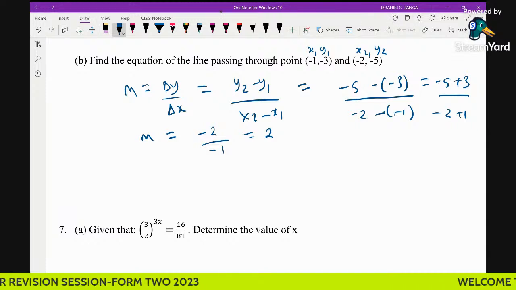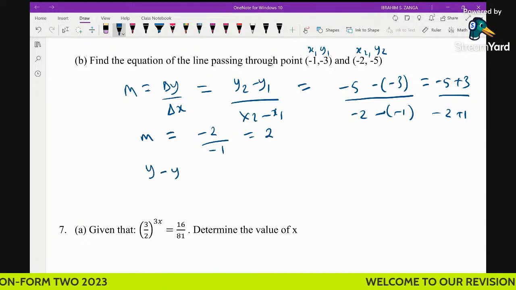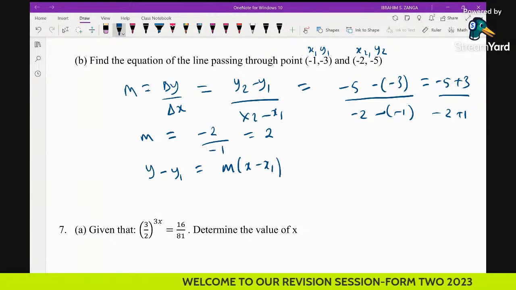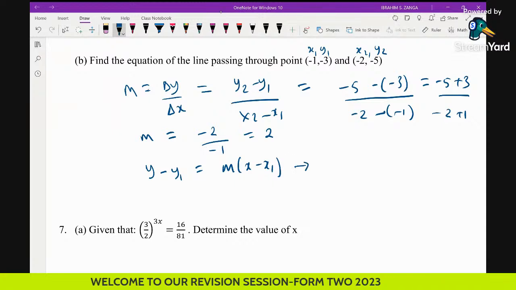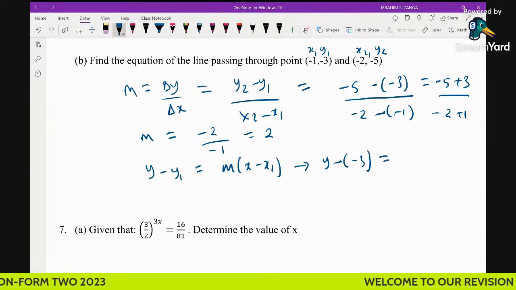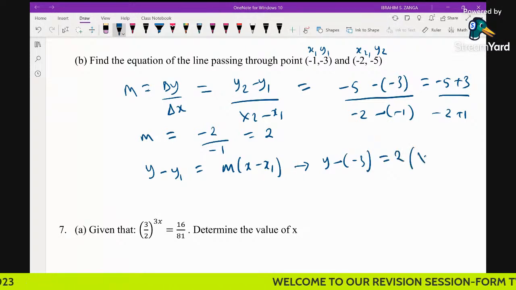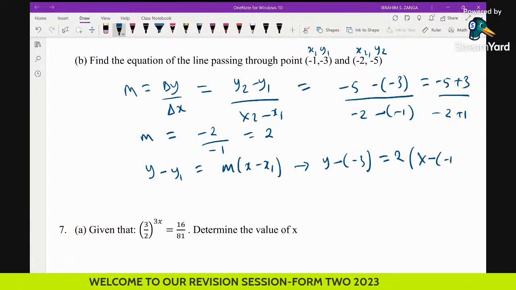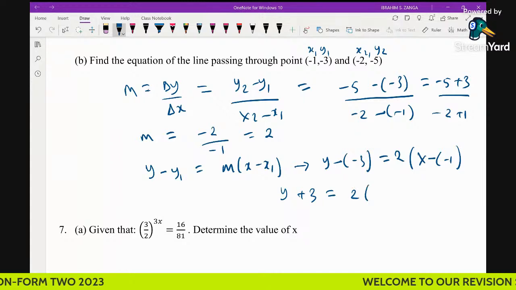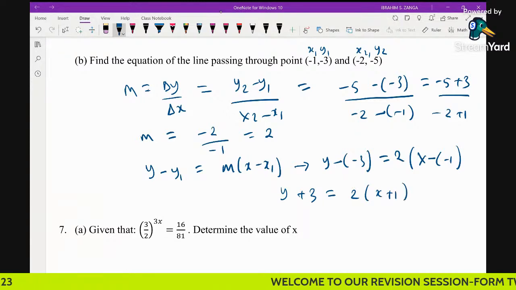Now for the equation, we're going to use y minus y1 equals m(x minus x1). So from here, we're going to substitute the values: y minus y1, which is -3, equals m, which is 2, times x minus x1, which is -1. So the equation is y plus 3 equals 2(x plus 1).